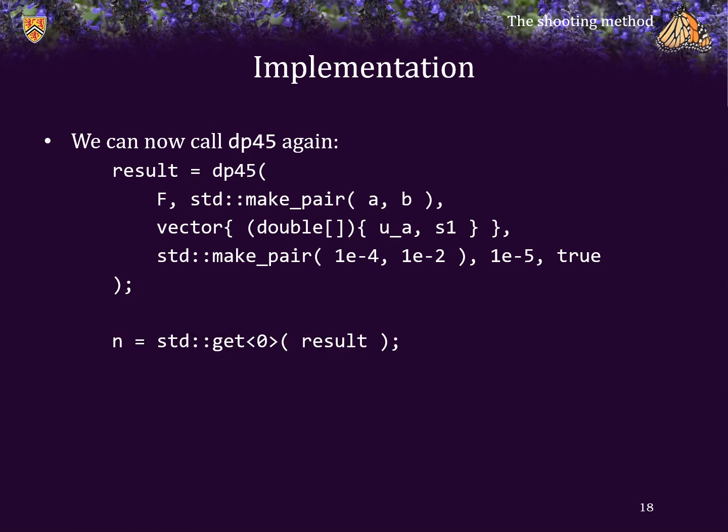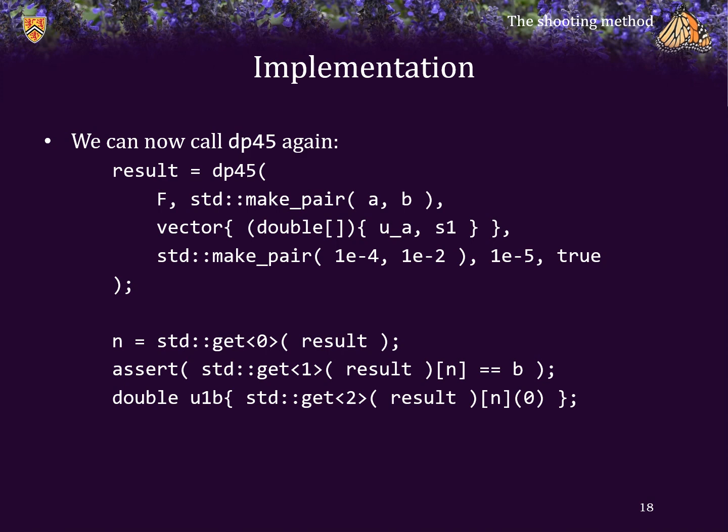Once again, let's get the number of subintervals in this solution. After all, the number of subintervals may change. We will assert that the x value at the end is indeed b, just to make sure. And then we will extract the value of the solution at x equals b when the initial slope is s1.